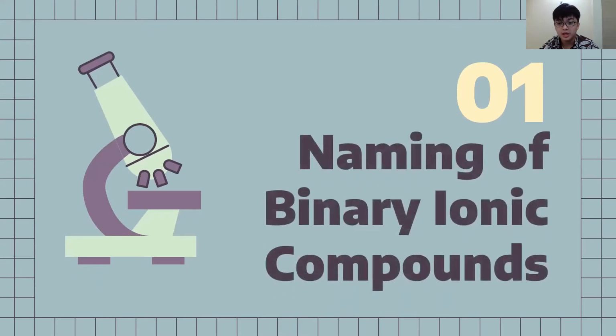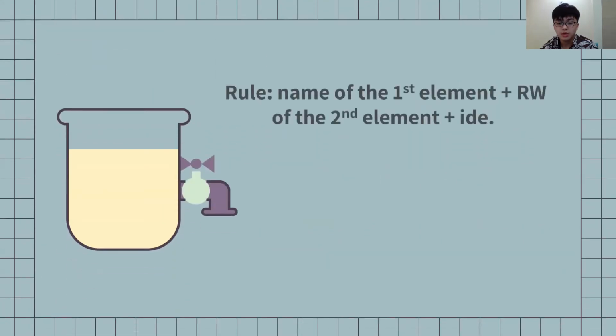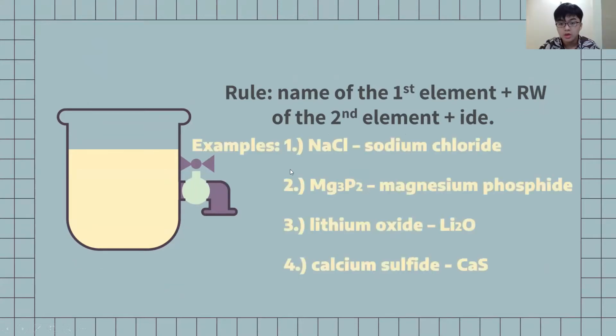So first, let us start with naming of binary ionic compounds. The rule here is simple: the name of the first element plus the root word of the second element plus -ide. So here are the examples.